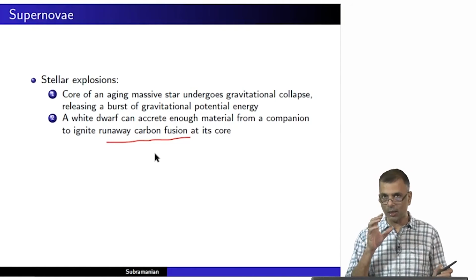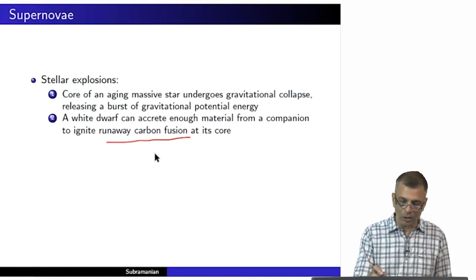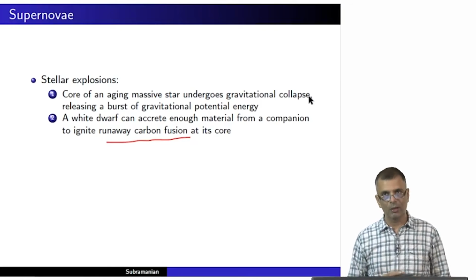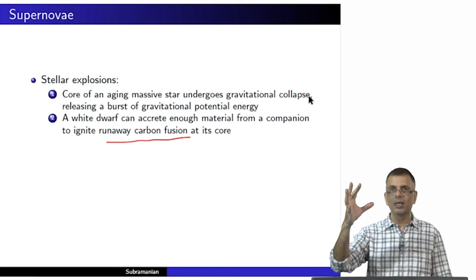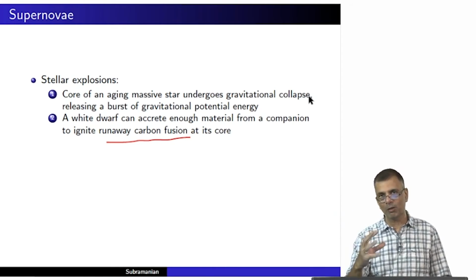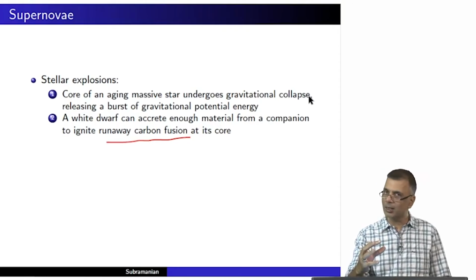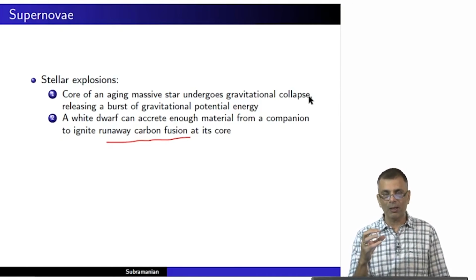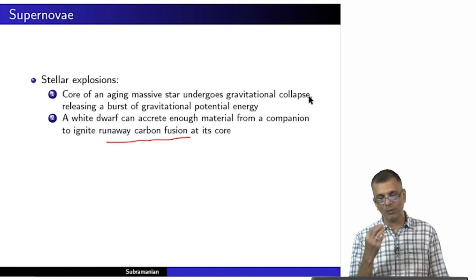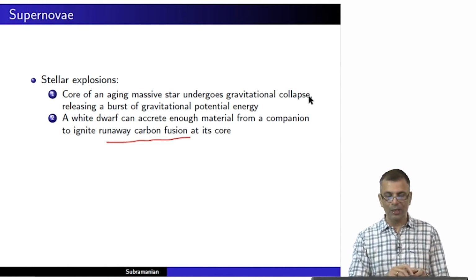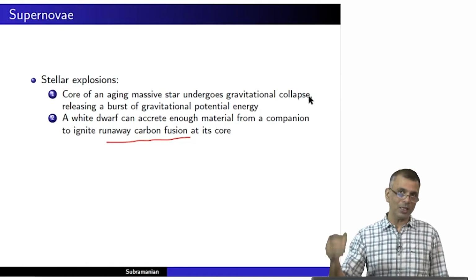The density becomes so high because of gravitational collapse. So this is the sequence of events: the white dwarf starts accreting material, the material accumulates at the core, and beyond a point the core becomes so massive that it cannot withstand gravitational collapse. The material collapses, and once it collapses at the very core, the density becomes so high that it ignites carbon fusion, which is the next stage.